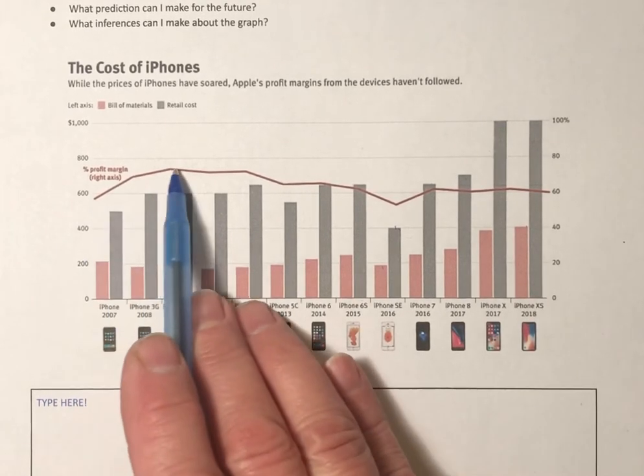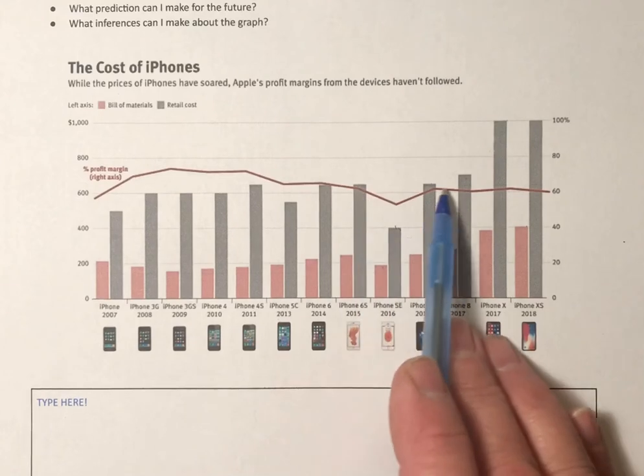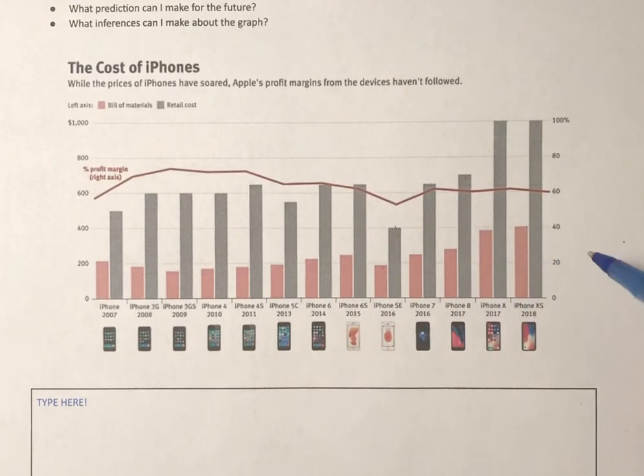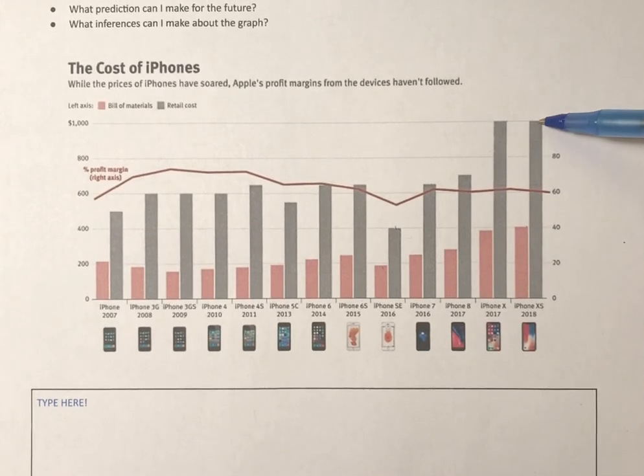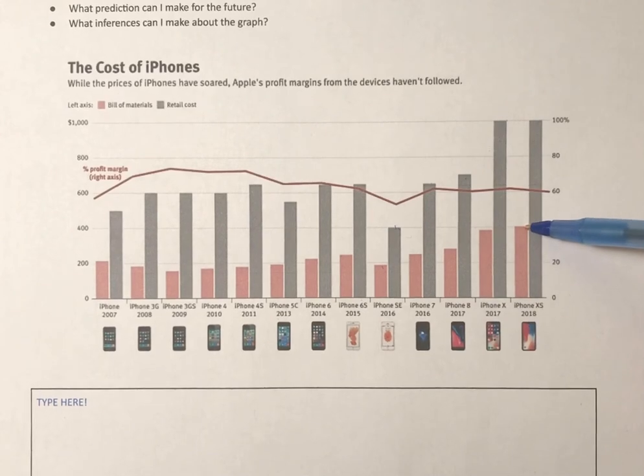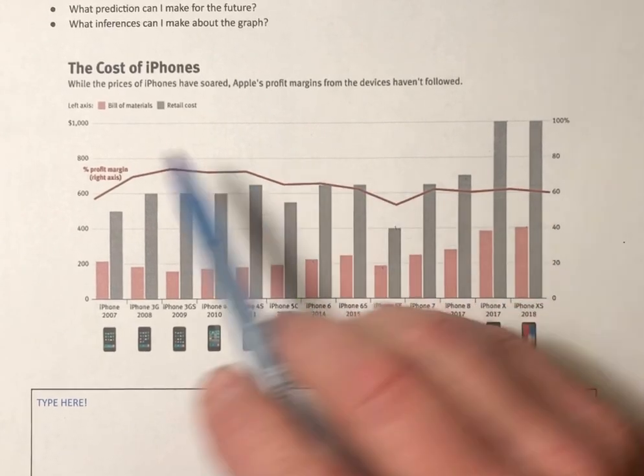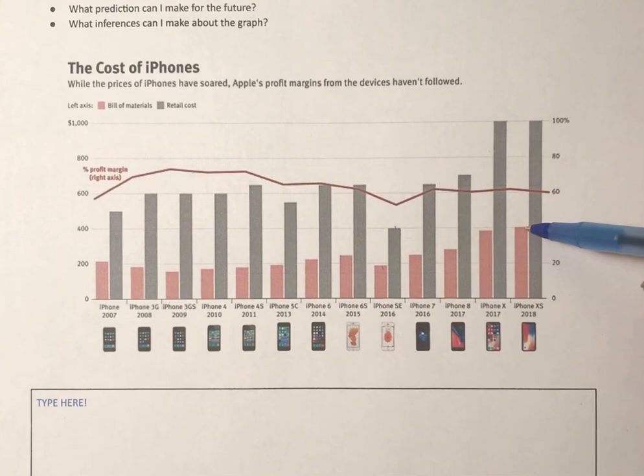Now, how is that profit margin calculated? Well, the easiest way to calculate, or an example for that, is to look at this last column here with these two amounts. This is showing that the XS is selling for $1,000, but the materials cost is $400.